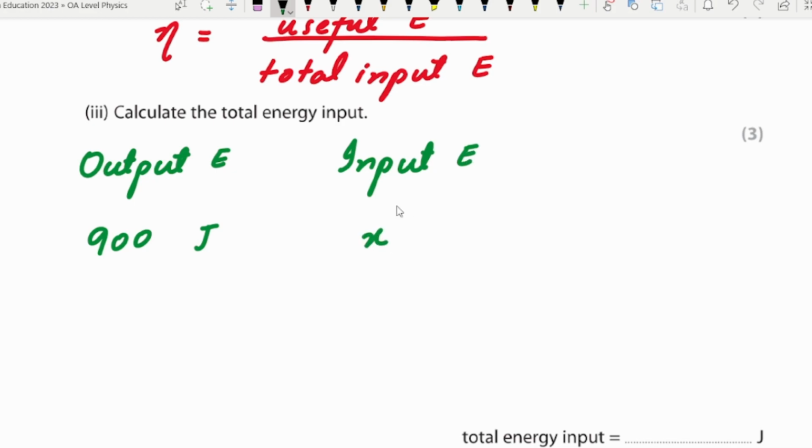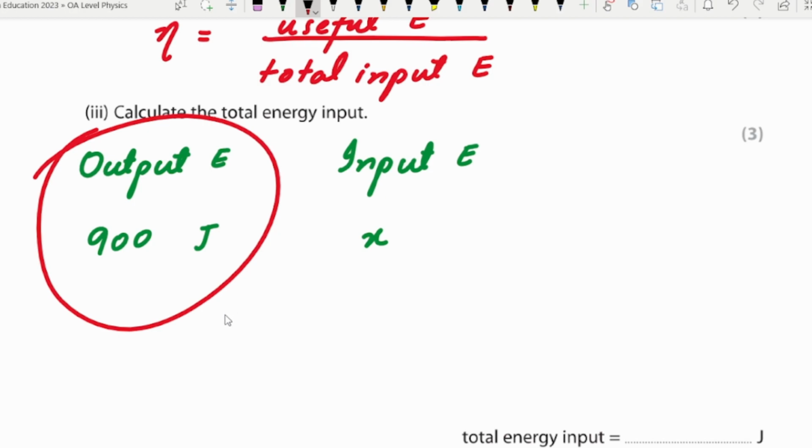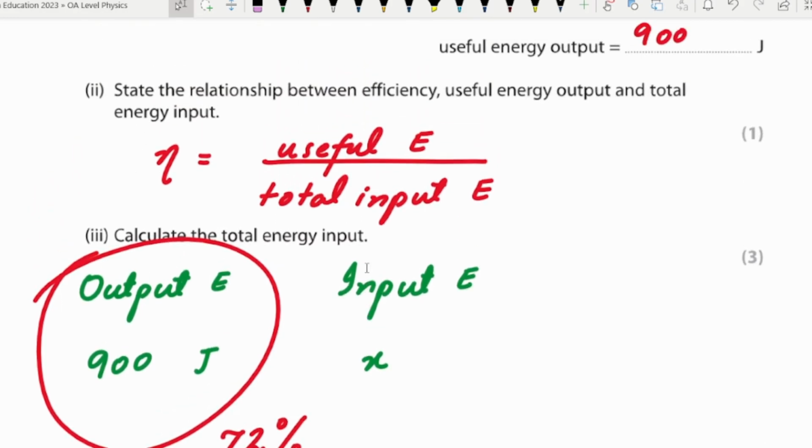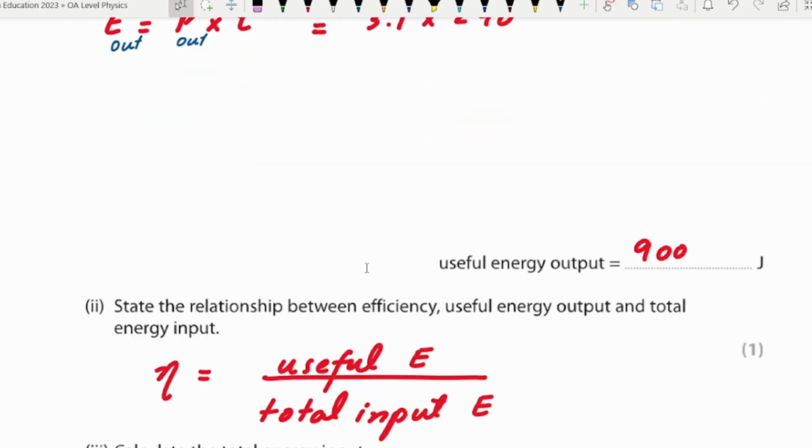We don't know how much input energy is, but what we know is that this useful output was 72% of the total energy. Whatever the total energy was, the output energy was 72% of the total input.